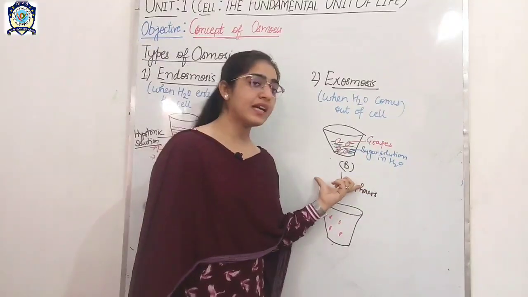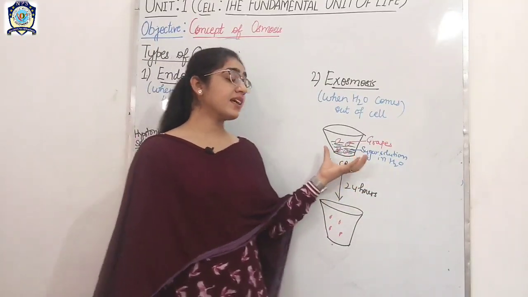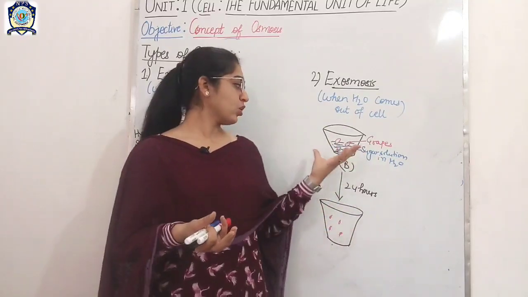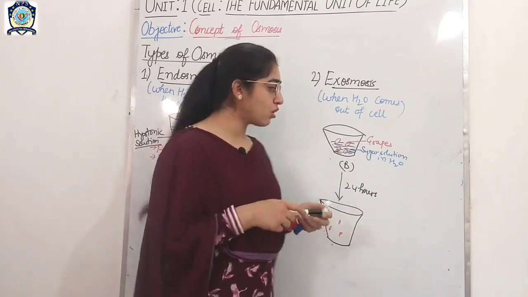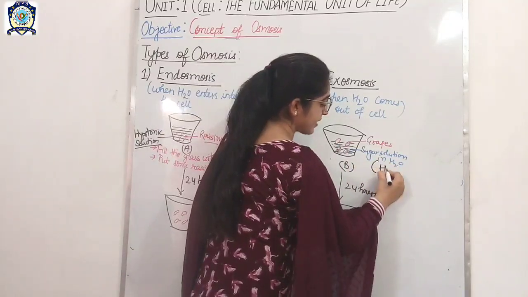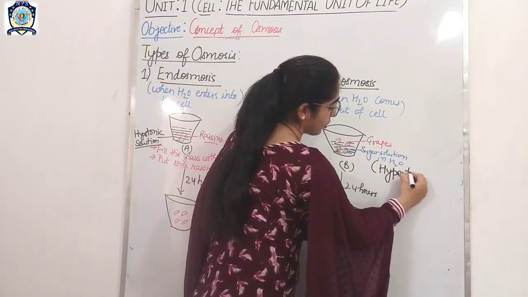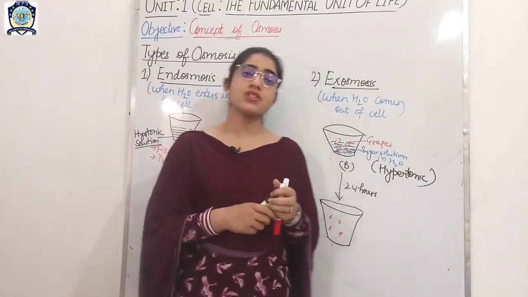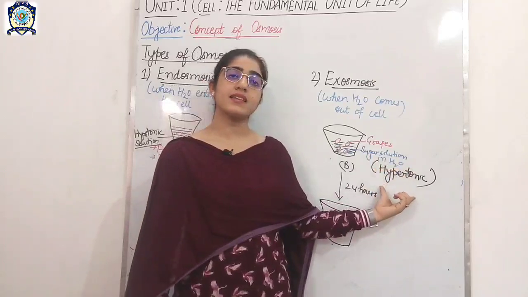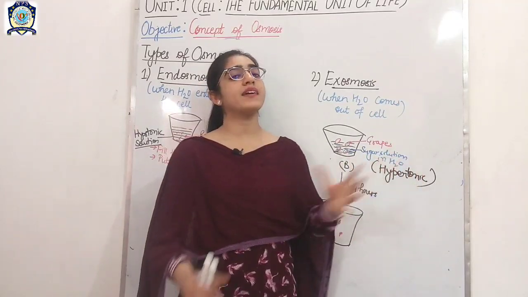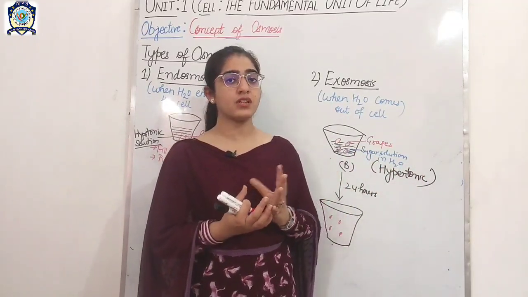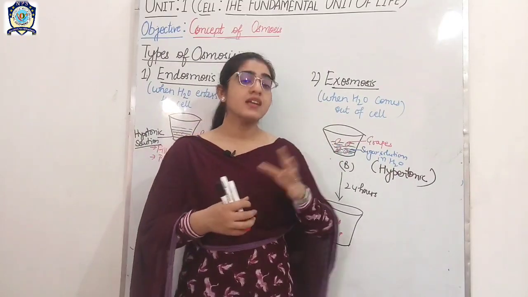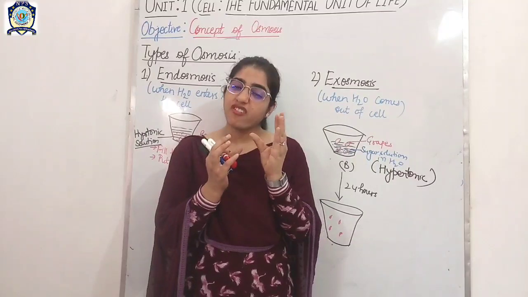What happens in exosmosis? The grapes are kept in the sugar or the salt solution. So here this sugar or salt solution exists as hypertonic solution. तो exosmosis generally occurs in the hypertonic solution, and if we keep the cell in hypertonic solution, as we have discussed in the last topic, then the cell will become flaccid.